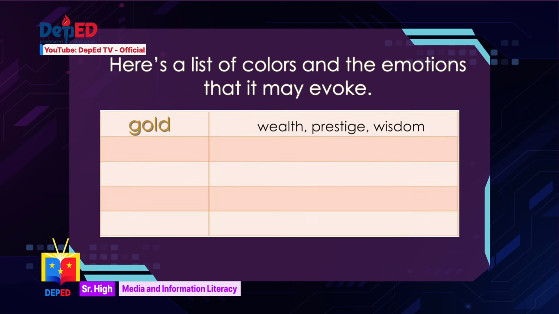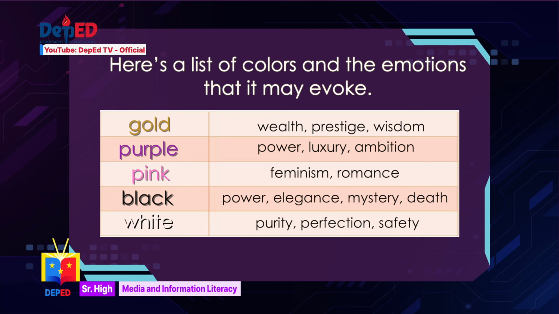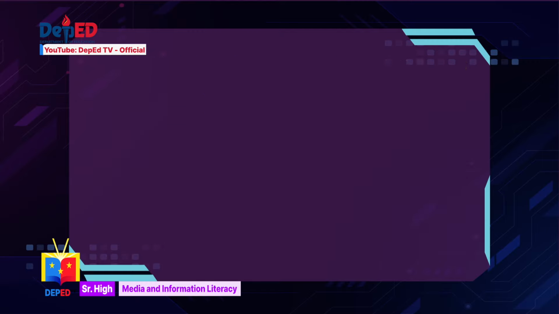Gold for wealth, prestige, and wisdom. Purple for power, luxury, and ambition. Pink evokes feminism and romance. Black evokes power, elegance, mystery, and death. White signifies purity, perfection, and safety.